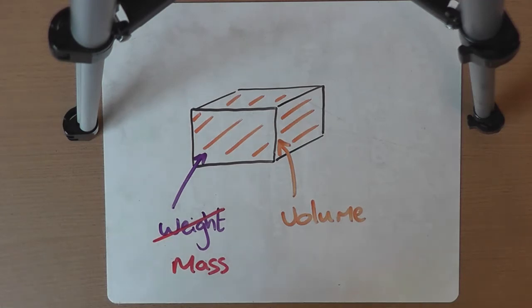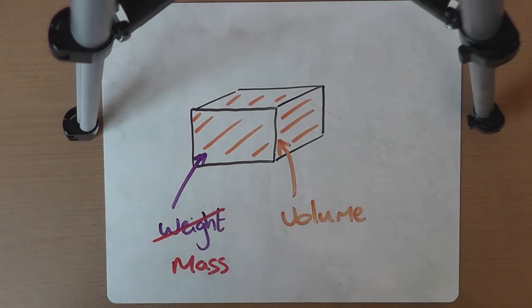As far as we really need to be aware, they are effectively the same thing. Technically, in science, they are not the same thing. Mass is the amount of stuff that is there, the amount of lead, the amount of wood, the amount of feathers, the amount of water. Weight is the action of gravity, the Earth's gravity, for example, pulling on that mass. As far as we really need to be aware, they are effectively the same thing, at least at the level that we are talking about.